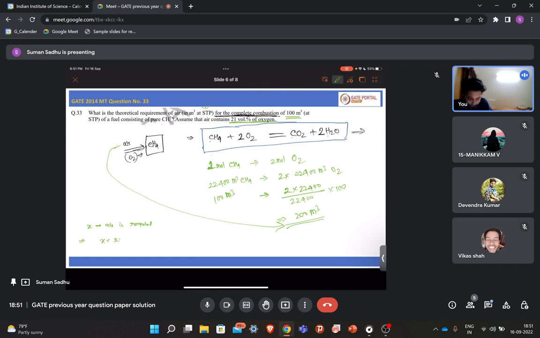X into 21 by 100. This much oxygen will be in X meter cube of air, and this is equal to 200, right? So what will be X? 200 into 100 divided by 21. So what will be the answer then?